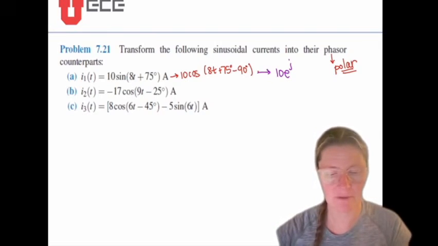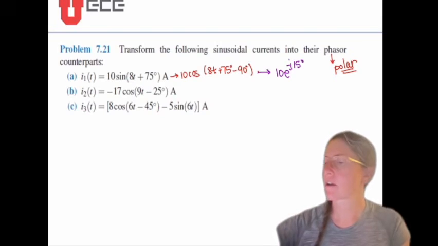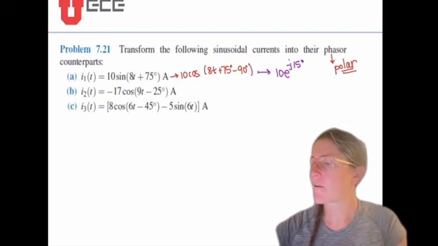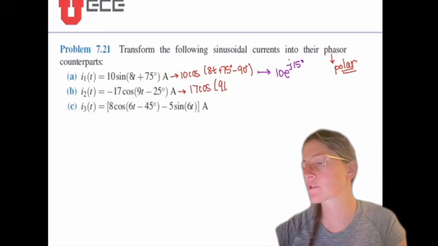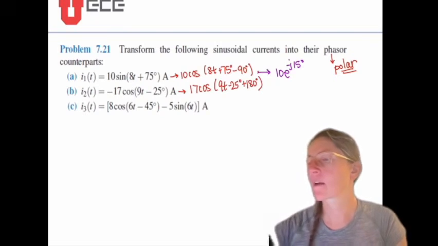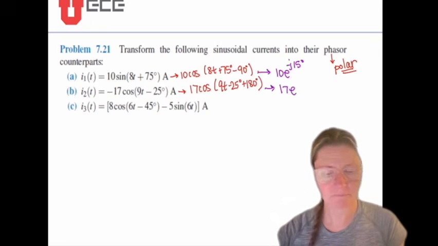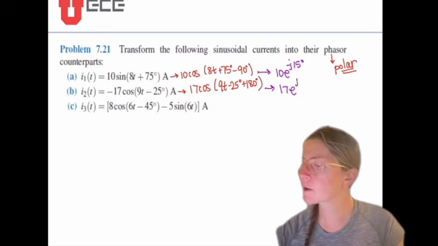Minus 75, 85, 90, minus 15 degrees. And this one, we bring the negative sign into the cosine portion, so minus 25 degrees, and then plus 180. And so this becomes 17e to the j155 degrees.